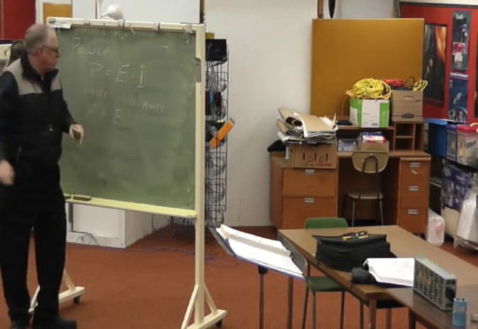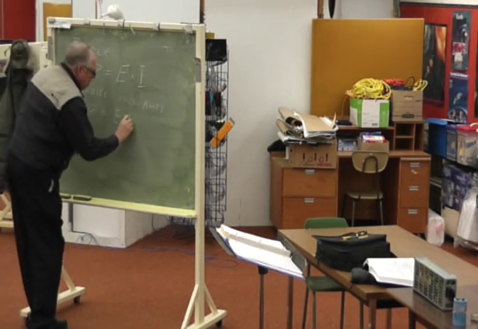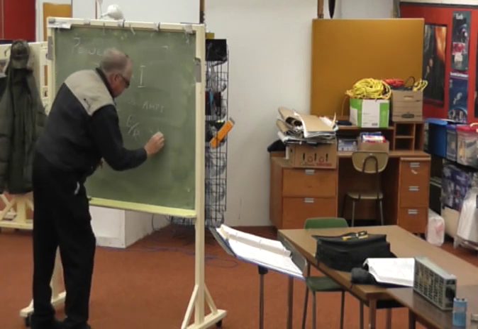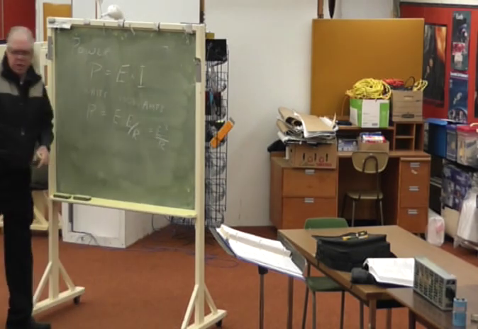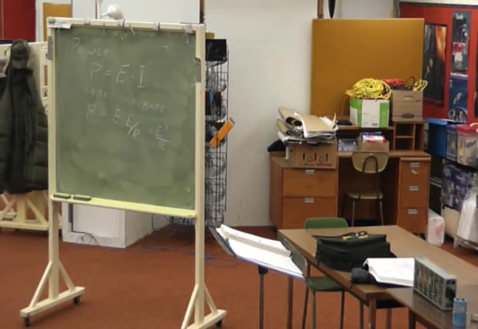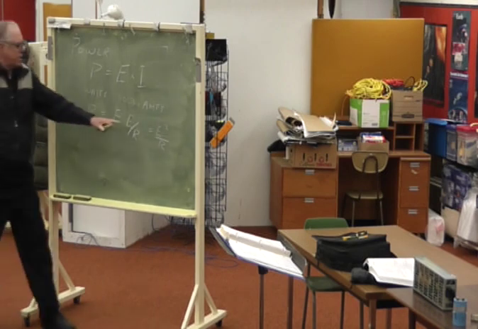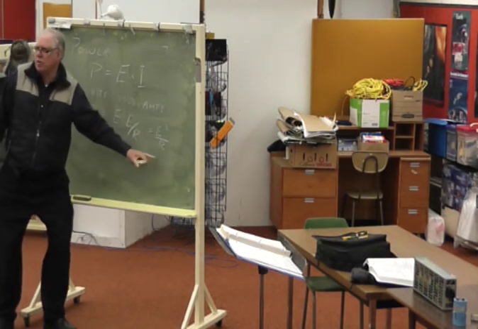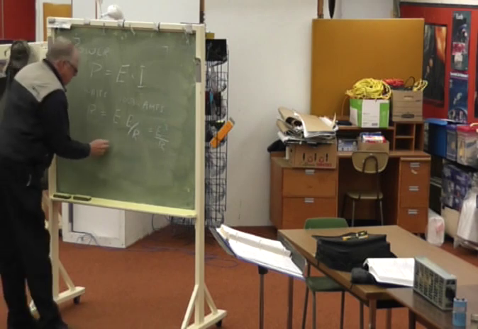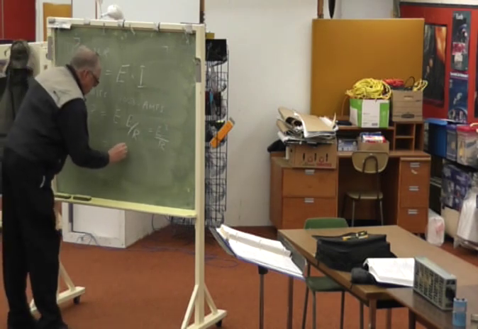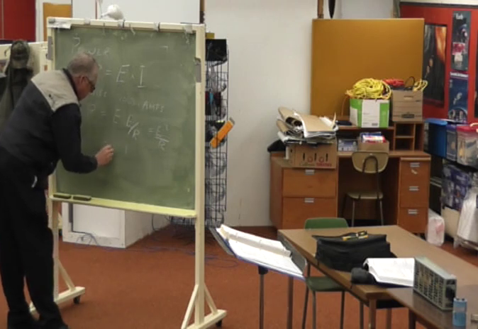E over R. Okay, so I can substitute E over R. So I can also calculate the power of the circuit by taking the square of the voltage divided by the resistance. Multiplied by the voltage.